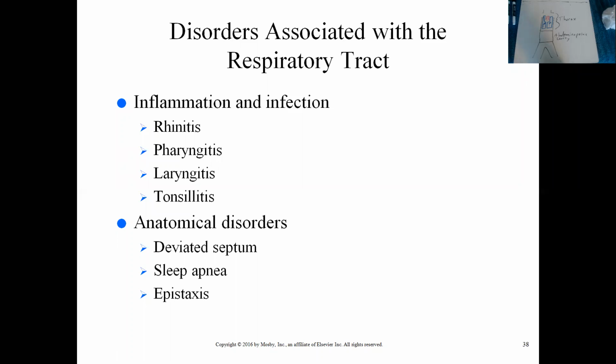And remember, infection has that itis, and usually the name tells you where it is. So first off, rhinitis is infection or inflammation of the nasal cavity, or some might say the nasal mucosa. I've seen both descriptions.